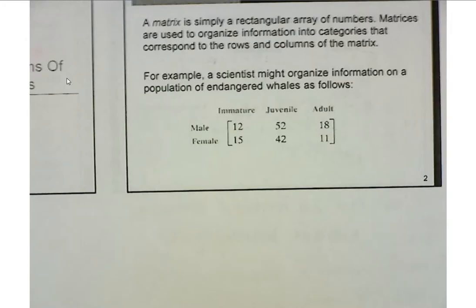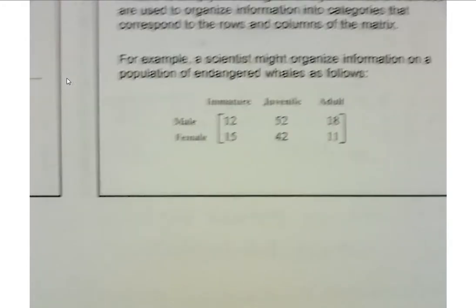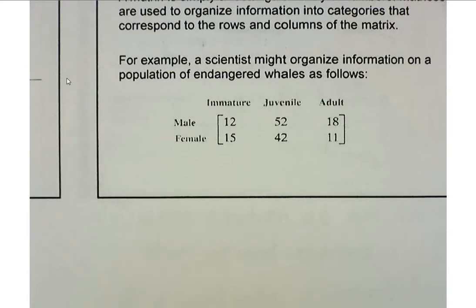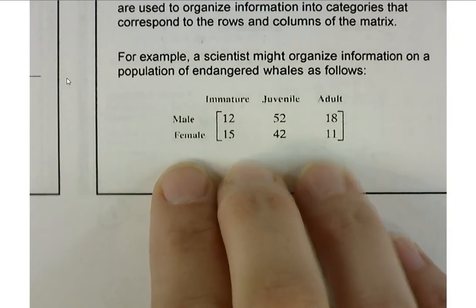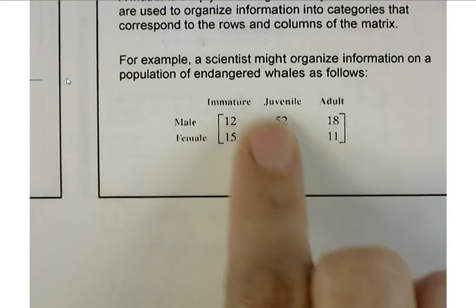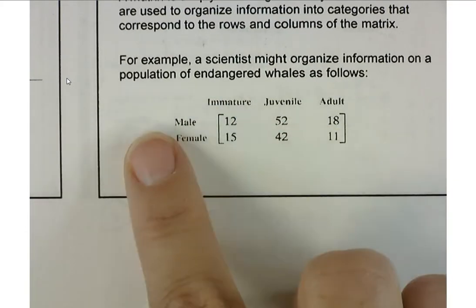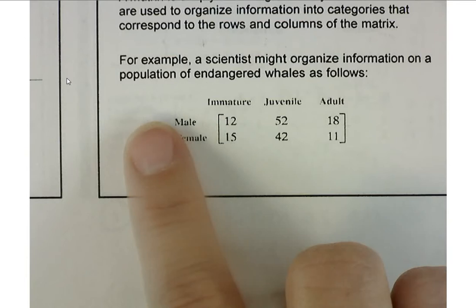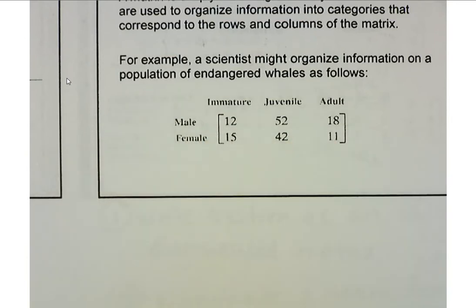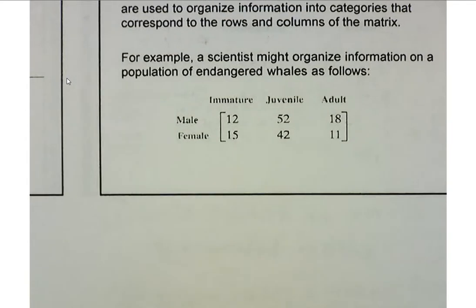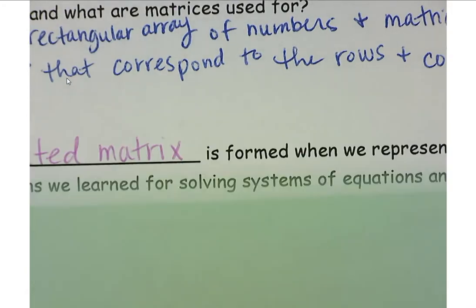If you are a scientist studying a population of endangered whales, you might organize your findings into a matrix. The different types of whales are your rows, and then the male and the female are your columns. That's a way to present your findings in something that's easily readable.